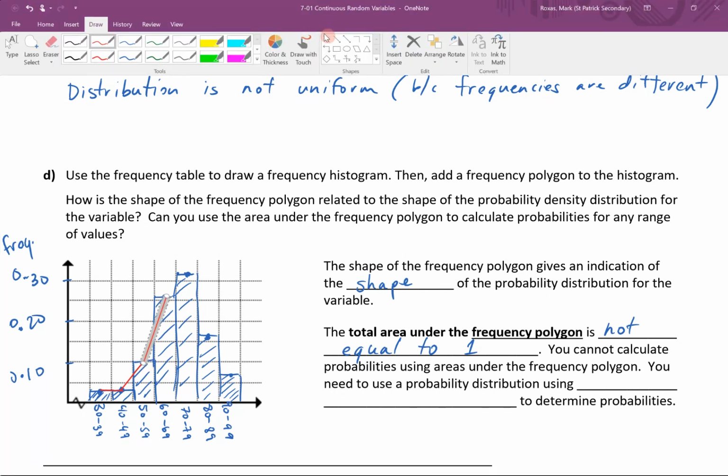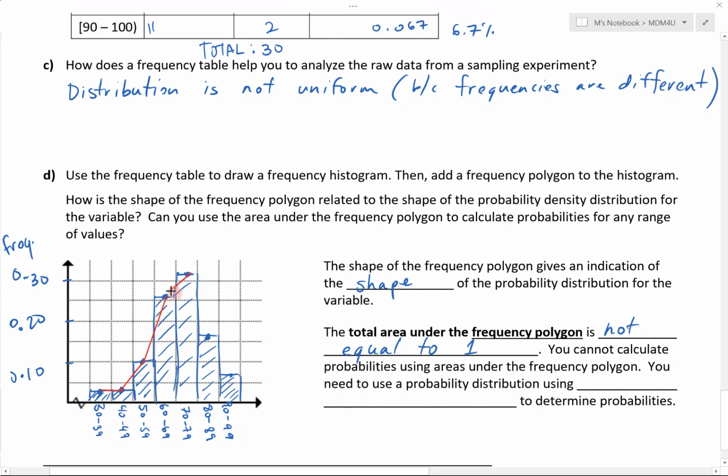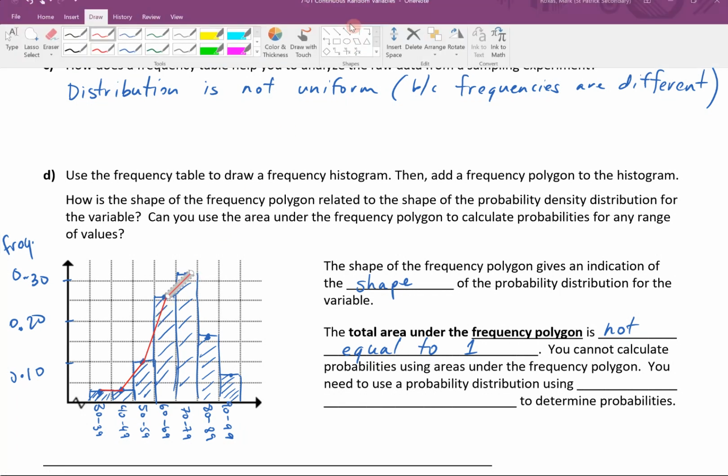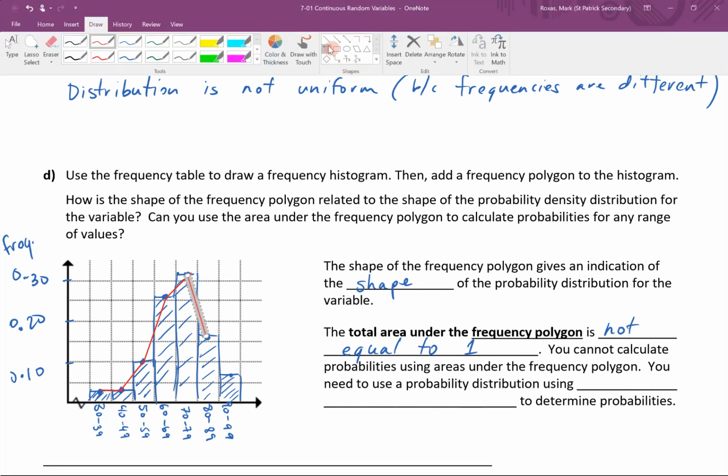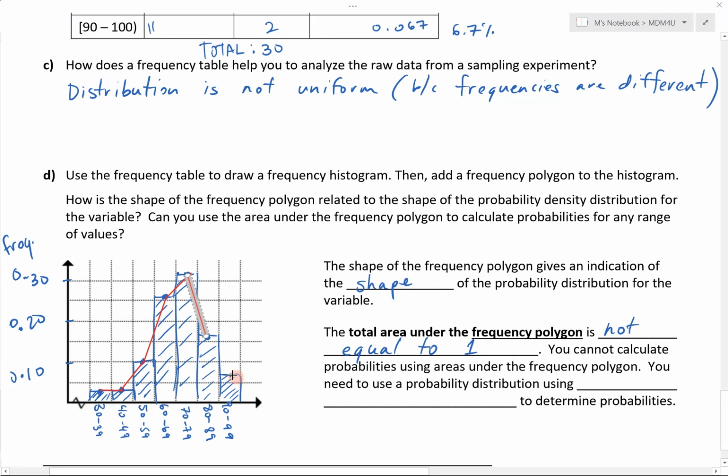And another one. You can keep going until you reach the end. I'm just connecting the midpoints of every interval at the value of the relative frequency. And you get this, what I see in red here, the frequency polygon.